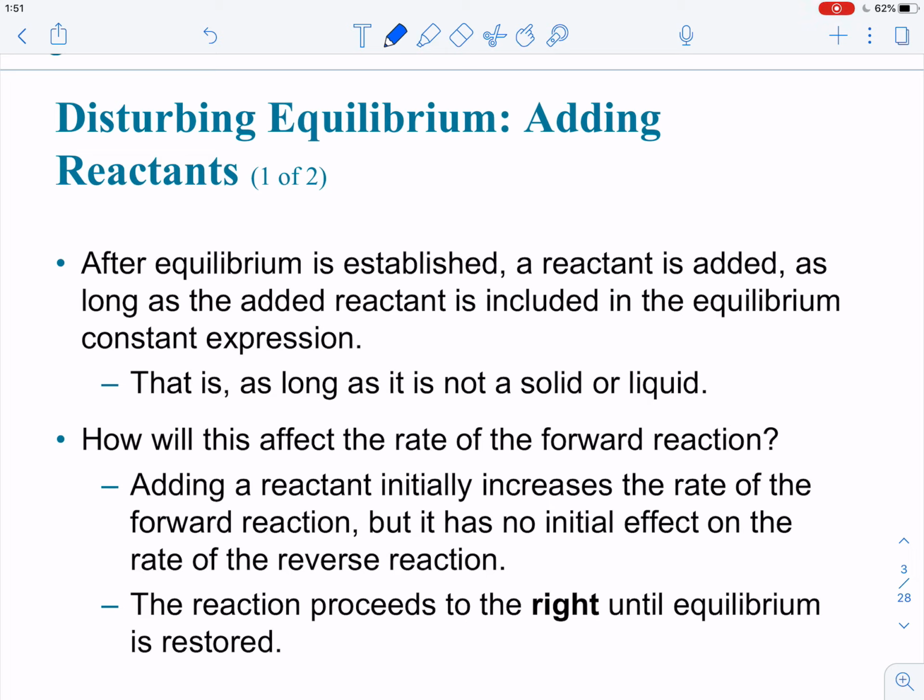Now, that reaction will shift to the right, but it won't be indefinitely, because you're going to reach a new equilibrium situation, in which the reactant concentration will decrease a little bit from that increase that you had, and the concentration of the products will increase.